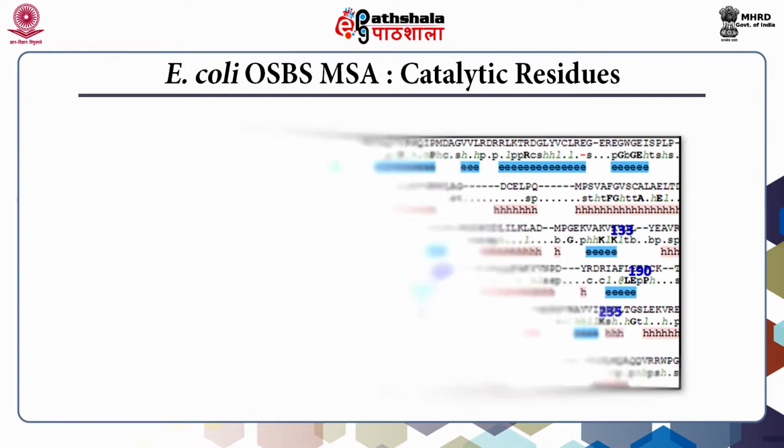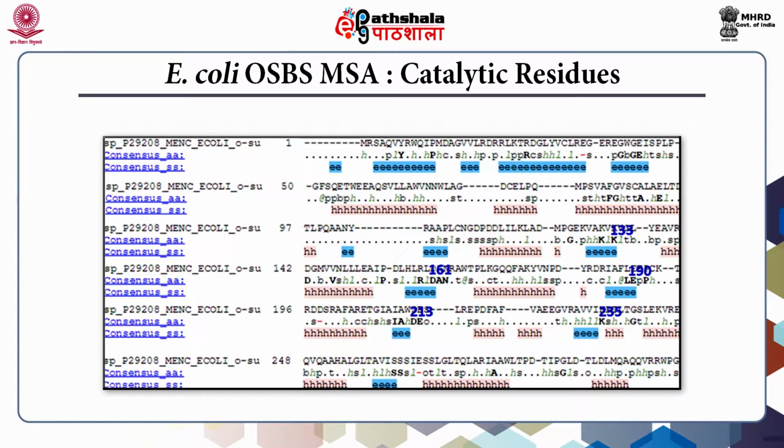The absolute conservation within or at the ends of secondary structure revealed the presence of catalytic residues. We know from modules 13 and 14 that lysine at position 133 is a catalytic base for abstraction of the alpha proton from the carboxylate substrate. Similarly, aspartate at 161, glutamate at 190 and aspartate at 213 are involved in the coordination of the magnesium ion to stabilize the alpha carboxyl group in the transition state.